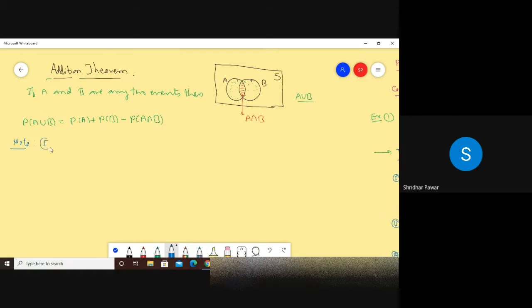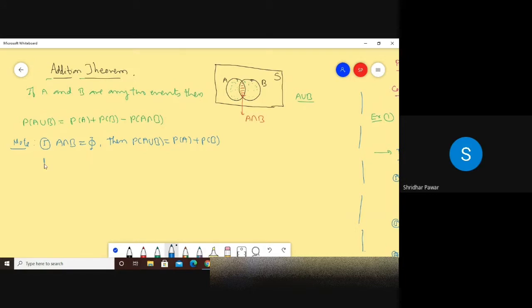Now see, if A intersection B is equal to phi, meaning A and B have nothing common, then probability of A union B is equal to P of A plus P of B.